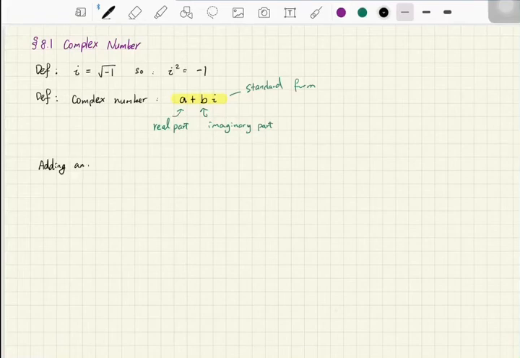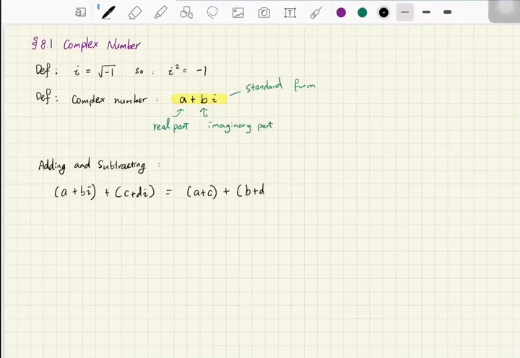When we are adding and subtracting complex numbers, we are actually following the combining like terms rule. When we're talking about adding, if I have two complex numbers, a plus bi and c plus di, then when we add them, we add the real number parts together, a and c, and add the imaginary parts together, b and d, and then put the i on the outside.